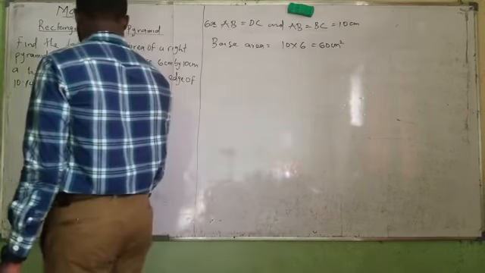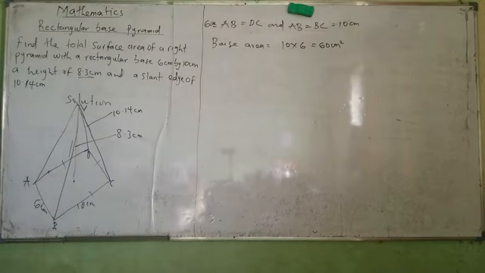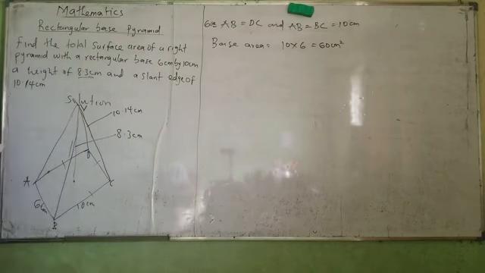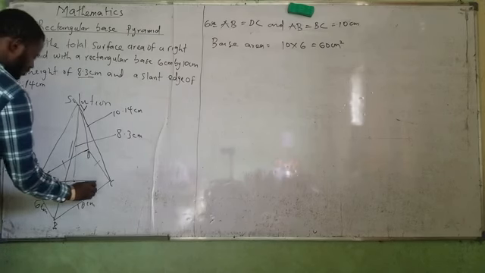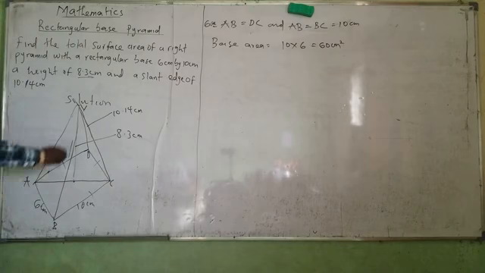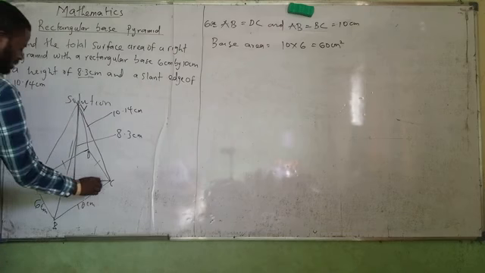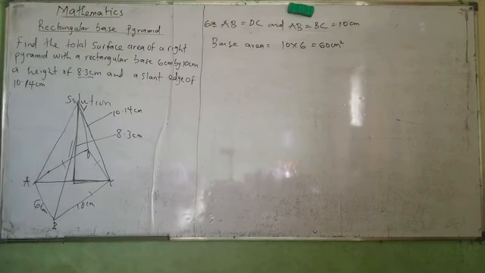You are asked to find the total surface area. It means the base area is 60 centimeter squared, and now I will go for the area of a triangle. Here, I can decide to make a diagonal. No, I can't get anything good there.